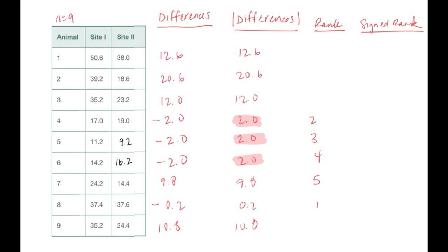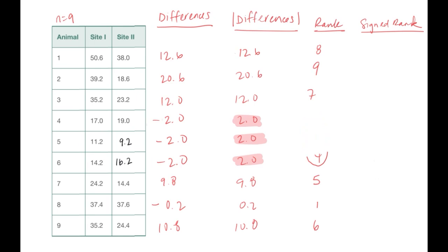This is all the same as before. 6, 7, 8, 9. So I would go ahead and finish the ranking, but then you've got to come back and recognize that since these all have the same difference, they should also all have the same rank. So what we need to think about is the mean of these 3 ranks, which is 2 plus 3 plus 4 divided by 3, which is just 3.